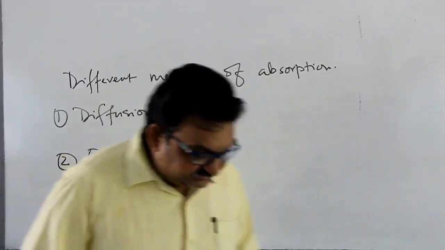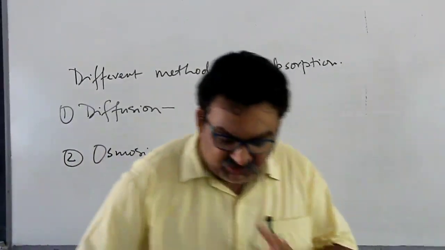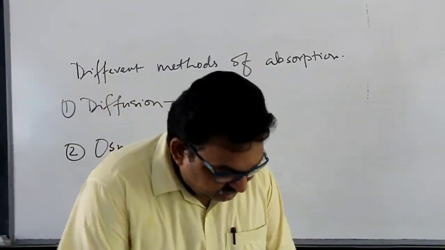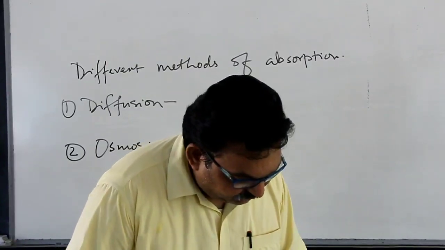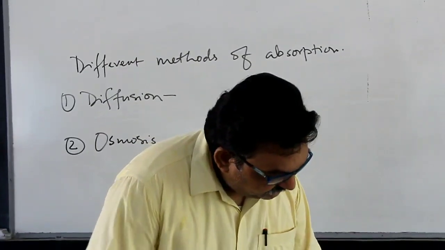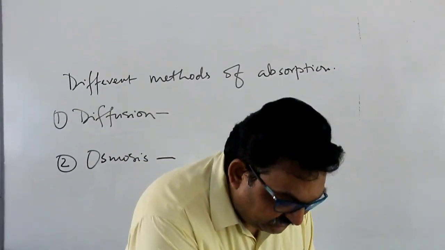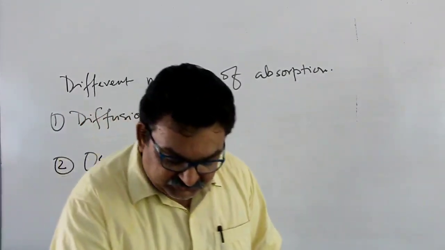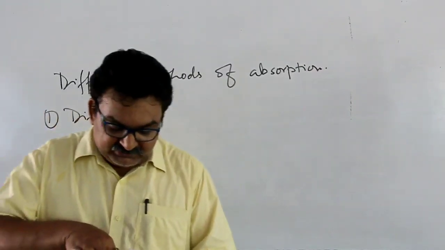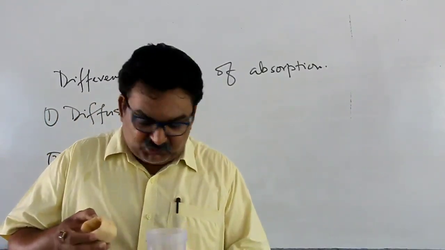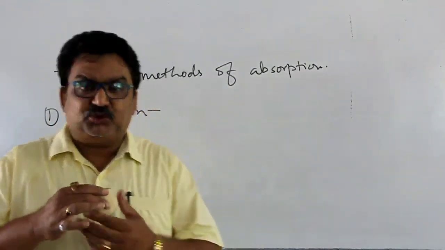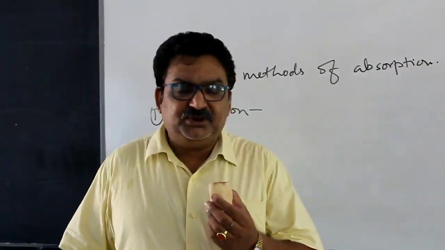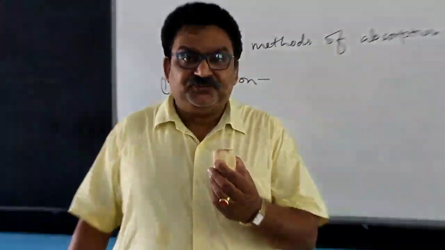Now, you have an activity in your book, that is the potato osmoscope, that will demonstrate the process of osmosis. To make you understand, I have brought this peeled potato. What you need to take is a peeled potato, then cut and make it flat from both ends.